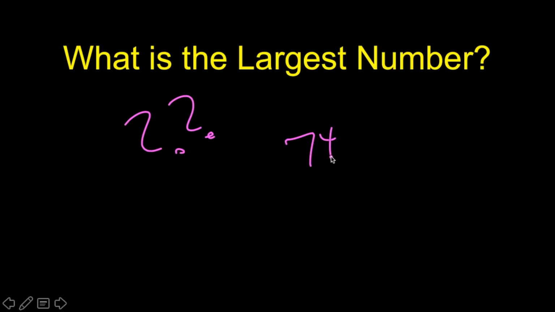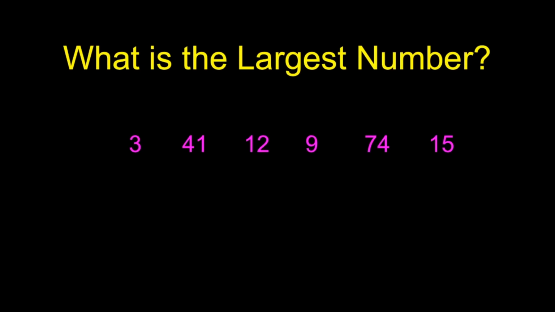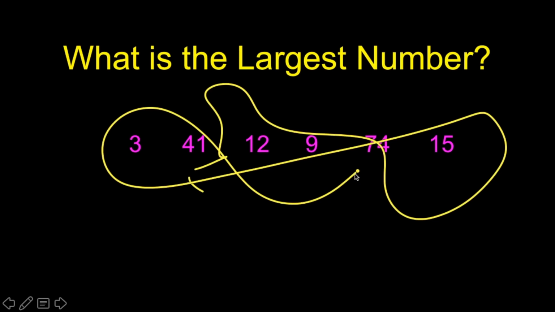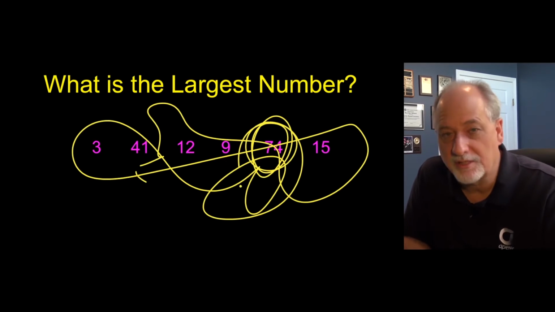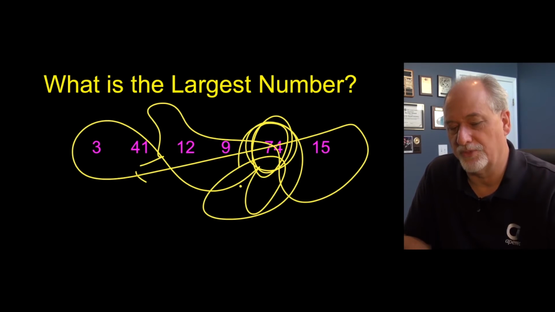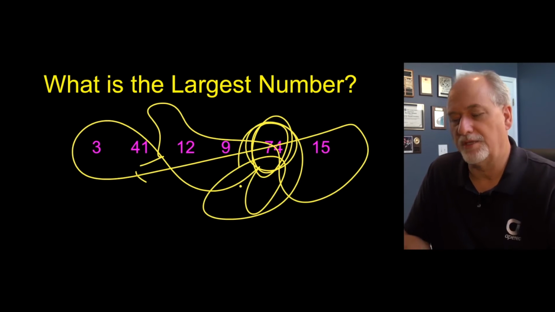How did your brain arrive at 74? So here's all the numbers. If I'd shown you all the numbers and asked you what's the largest number, your eyes would have sort of gone, and then you got to 74. You wouldn't do it in any particular order. Your eyes would just see the 74 and throw smaller numbers away, and move really quickly to the answer.